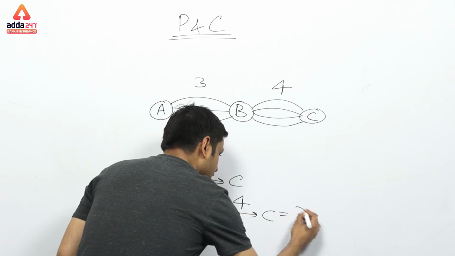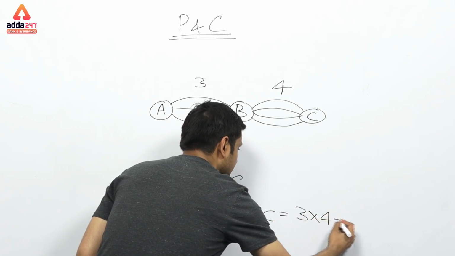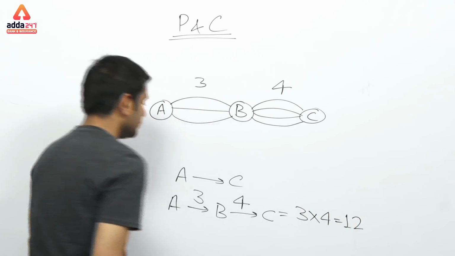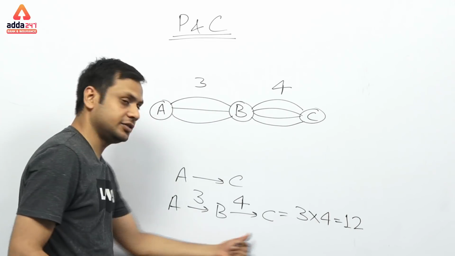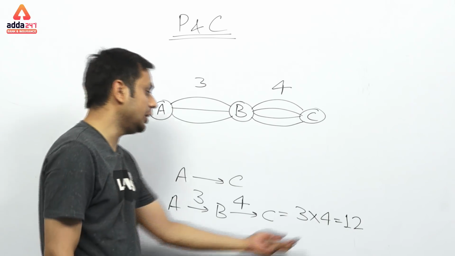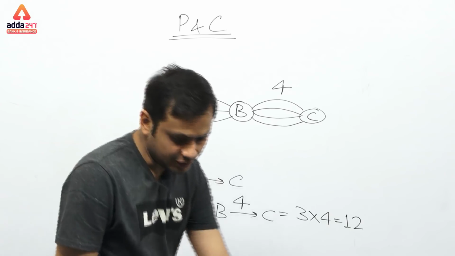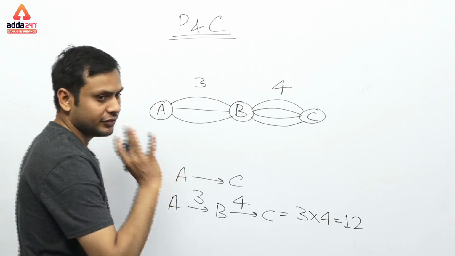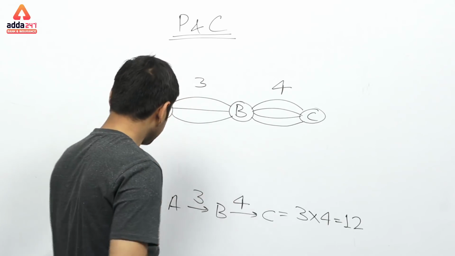Total number of ways it will be 3 into 4, that is 12. So guys, since the tasks are in a series and the person needs to perform both of these tasks, we'll multiply.